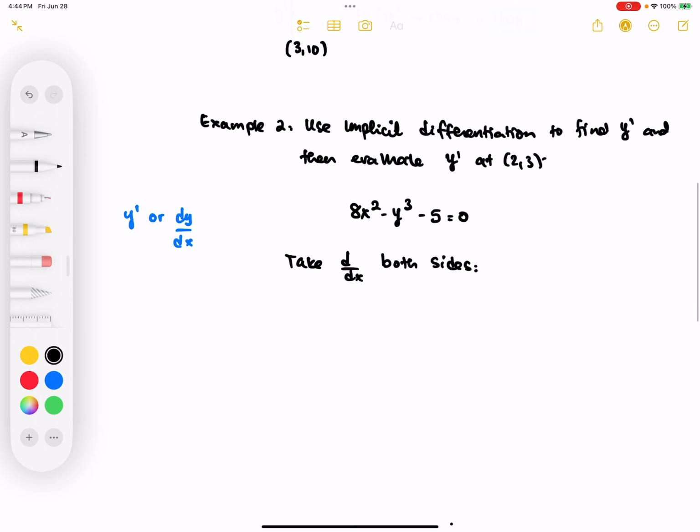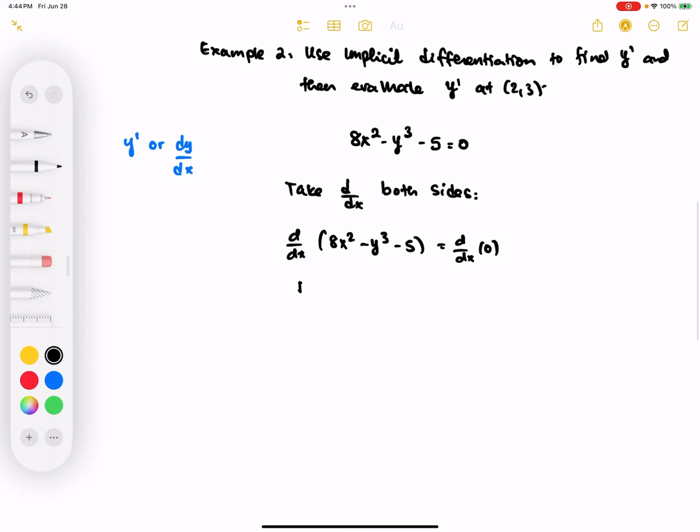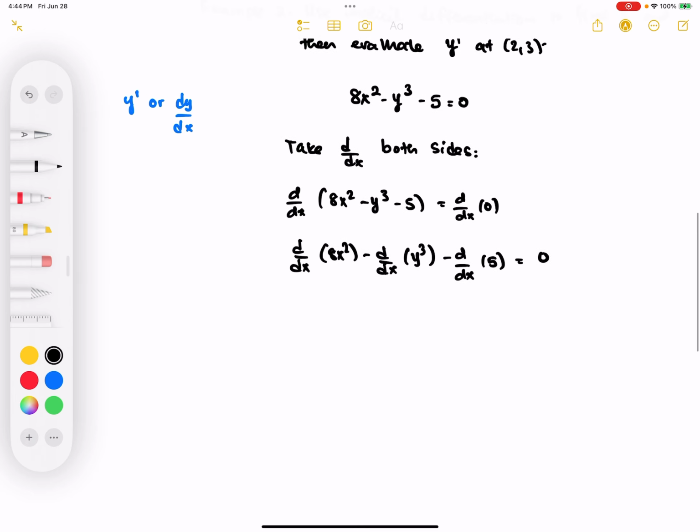That means d/dx of 8x squared minus y cubed minus 5 is d/dx of 0. Now I have to apply d/dx to each term. d/dx of 8x squared minus d/dx of y cubed minus d/dx of 5, and this one is 0. The derivative of a constant is 0. This one is also 0, right?